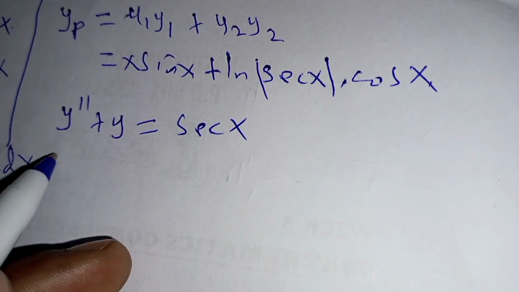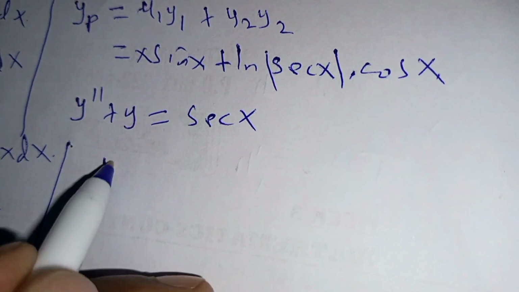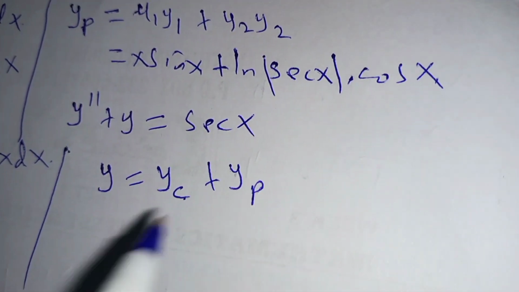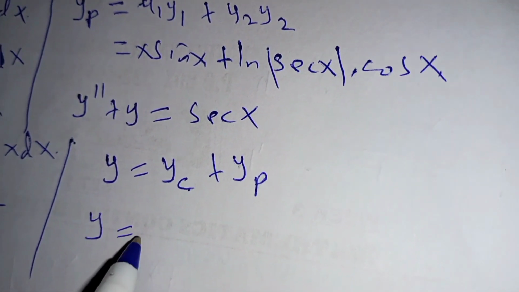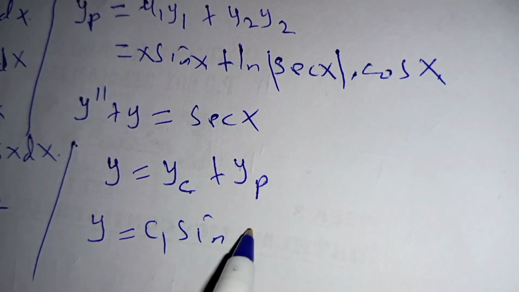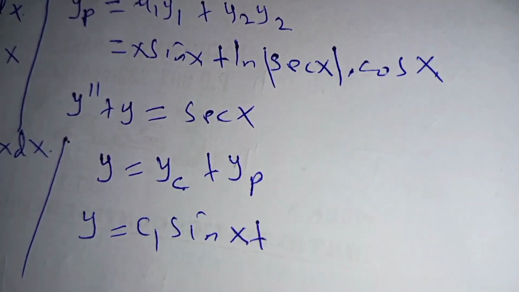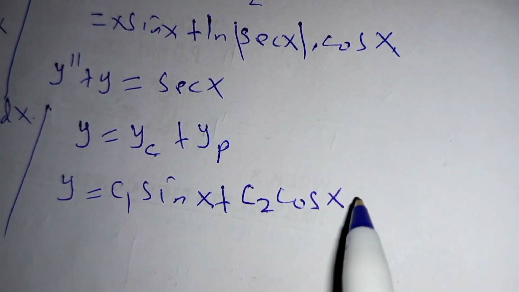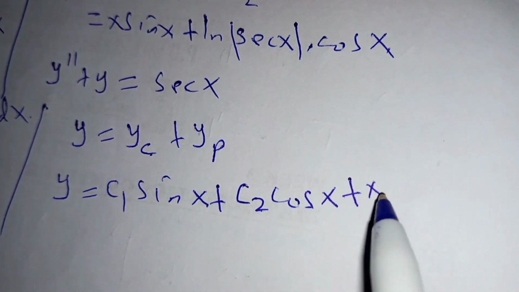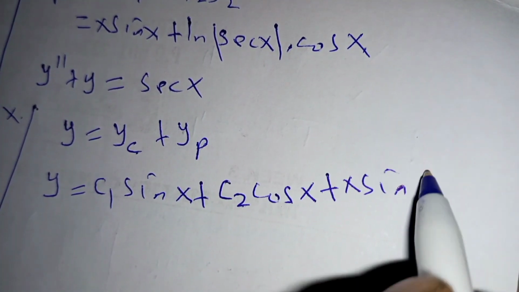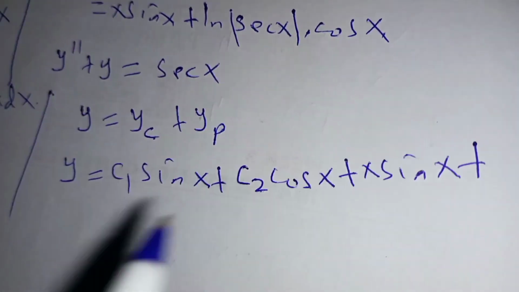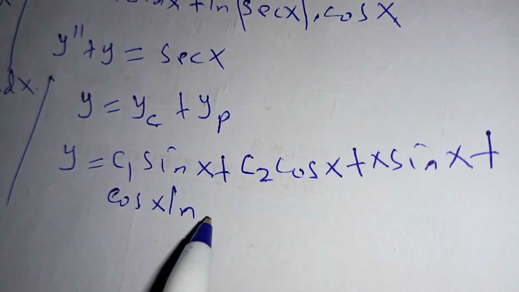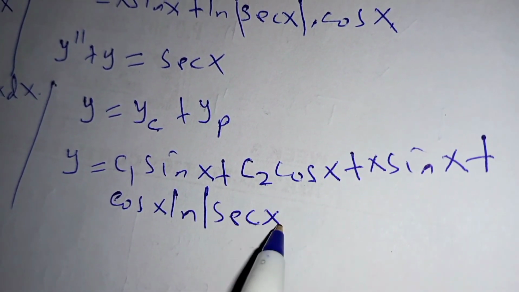the solution of this O.D.E will be equal to y, which is equal to yc plus yp. y is equal to c1 sine of x plus c2 cos of x plus x sine of x plus cos of x natural logarithm of sec of x.